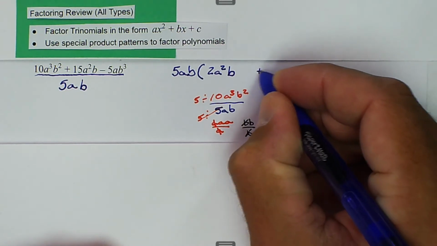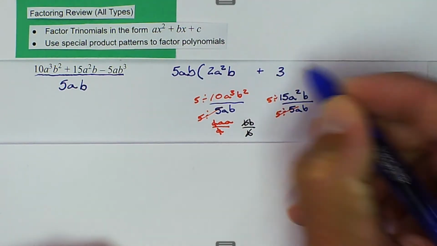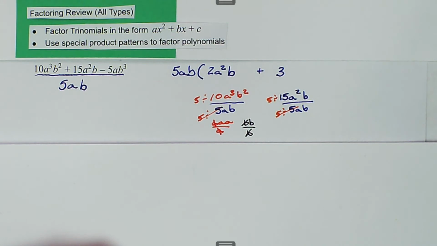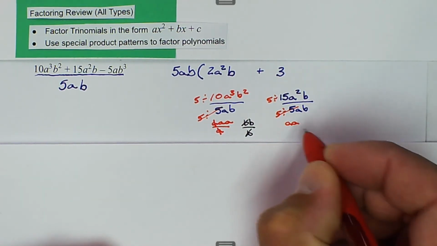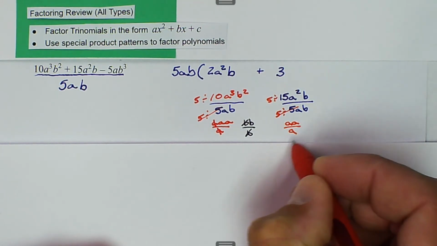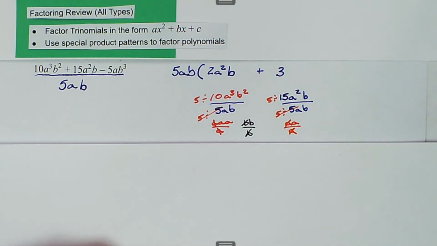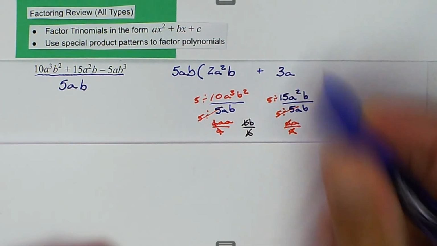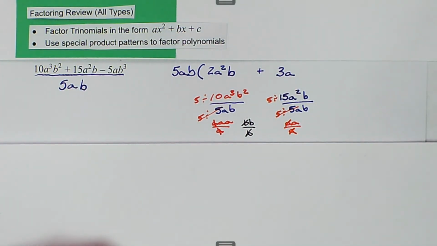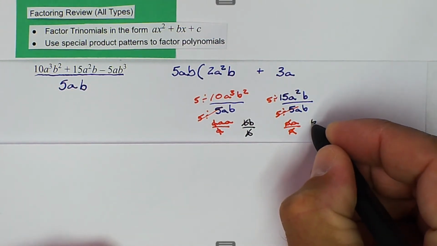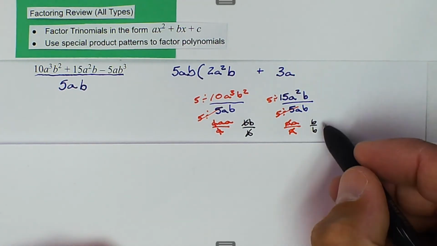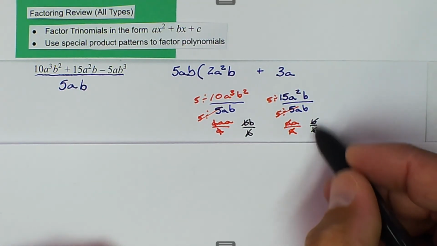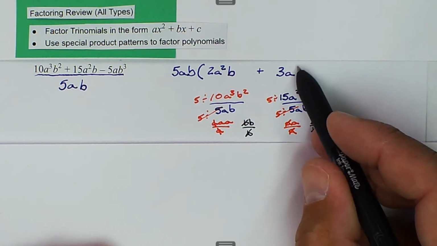So then we can put our plus 3. And then we can look at our a values again, and we have 2 a's in the numerator, and we have 1a in the denominator. So our a and our a cancel, and we're left with just 1 a value. Then we have 1b in the numerator divided by 1b in the denominator, and the b and the b cancel each other out, so it's just 1, but we don't have to write it in there.